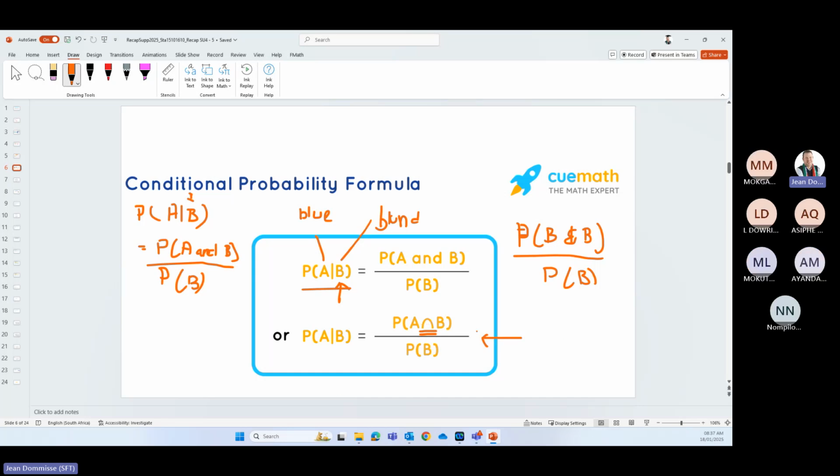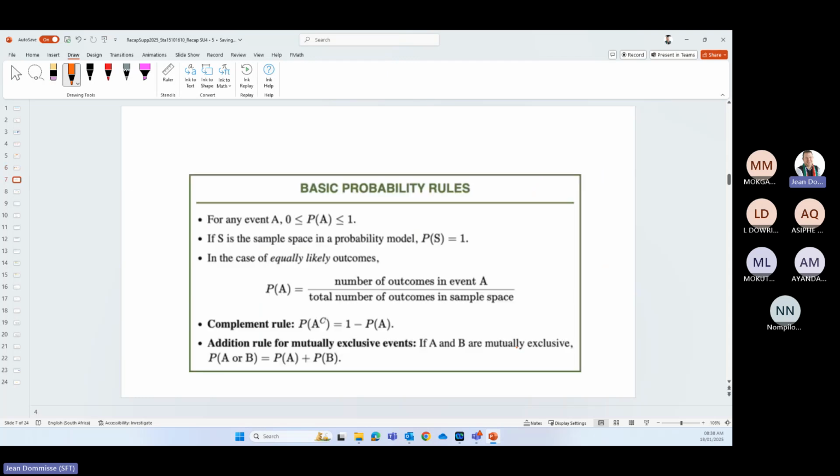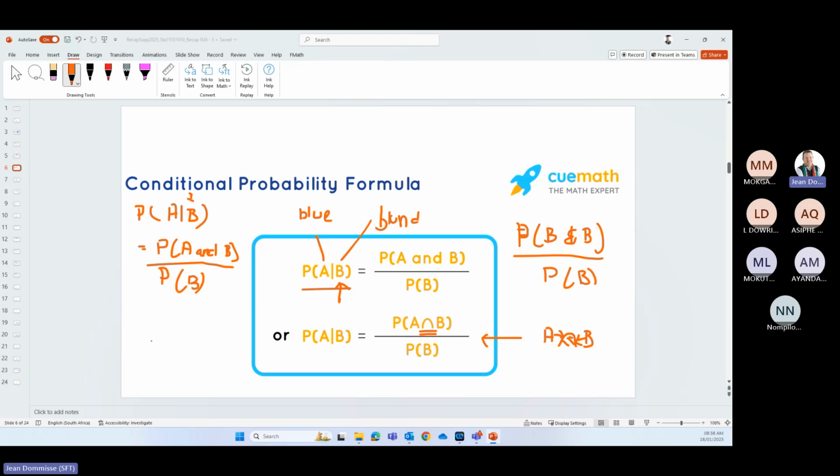So I always see that as what is from A and included in B. So I see it nearly as to remember what is in the and. Sometimes, and I don't think I have it, but sometimes they do the union as well, and that just means A or B.